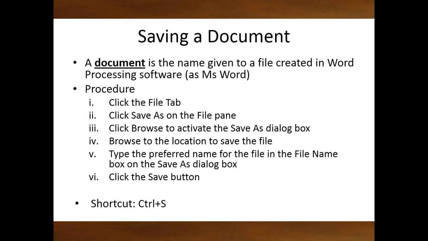Click Browse to activate the Save As dialog box. Step 4. Browse to the location to save the file. That is the location where you want to save the file. Step 5. Type the preferred name for the file in the File name box on the Save As dialog box. Step 6. Click the Save button.